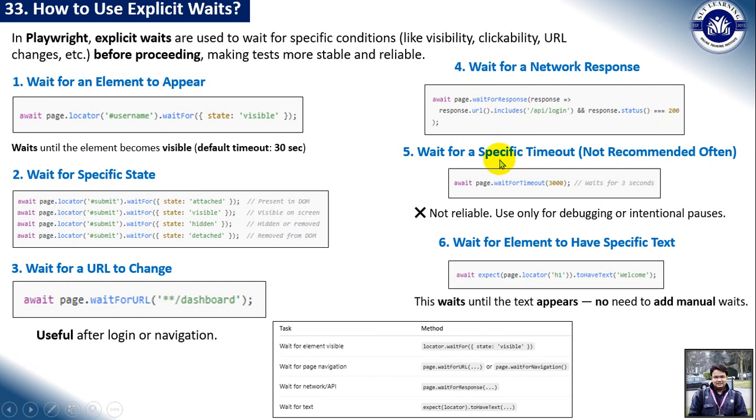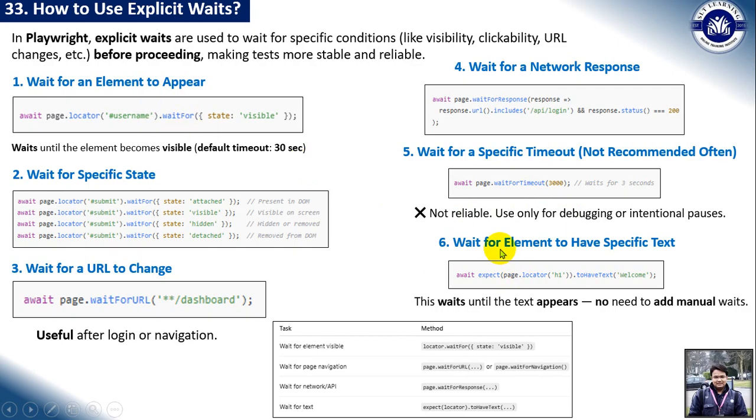Okay, wait for a specific timeout, this is simple: waitForTimeout 3000 means 3 seconds, but this is a hardcoded time. Even though the element is visible or interactable, this will wait for 3 seconds, so it is not recommended. You can always use the auto wait or waitFor with a particular condition as explicit wait.